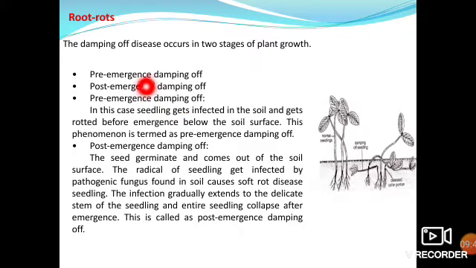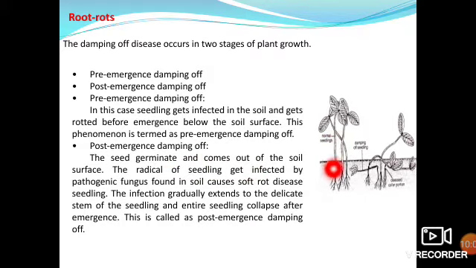Damping off occurs in two stages of plant growth: one is pre-emergence damping off and the second is post-emergence damping off. In pre-emergence damping off, seedlings get infected in the soil and rot before emergence, below the soil surface.